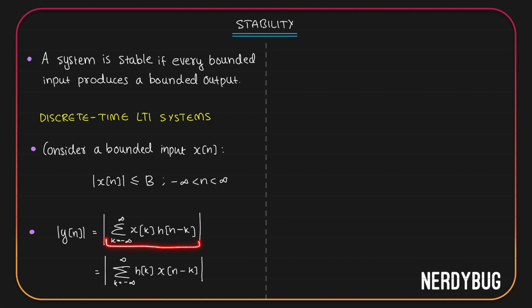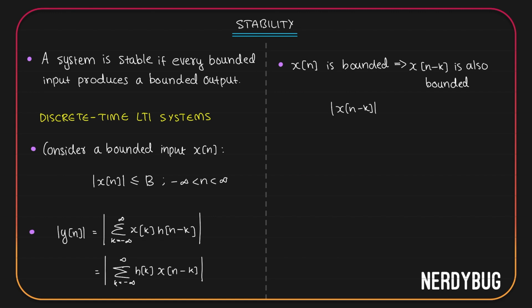This is the convolution of x[n] and h[n], and this is the convolution of h[n] and x[n]. They are the same. We already stated that x[n] is bounded for any value of n between minus infinity and infinity. So whatever you give in the brackets, it is going to be bounded. That means x[n minus k] should also be bounded, and the magnitude of x[n minus k] will also be less than or equal to B.